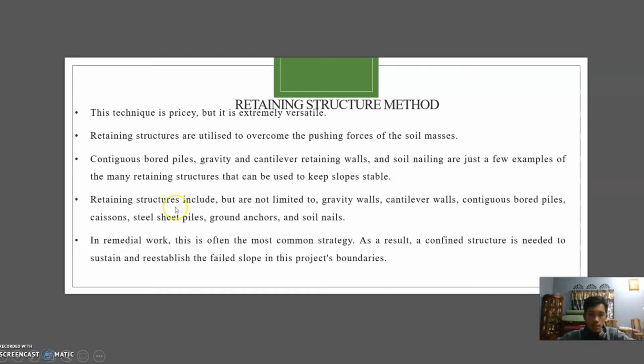Retaining structures include, but are not limited to, gravity walls, cantilever walls, contiguous bored piles, steel sheet piles, and soil nails. And the last is remedial work. This is often the most common strategy. As a result, a structure is needed to sustain and restabilize the failed slope within these project boundaries.